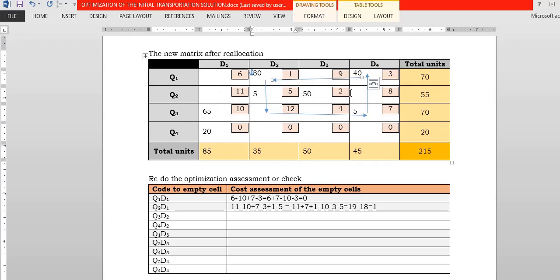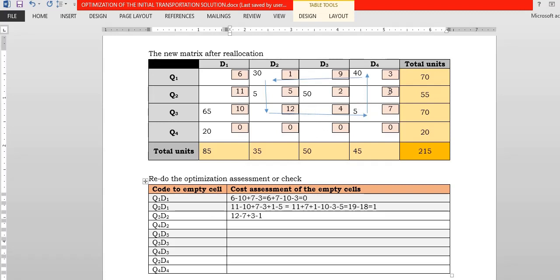We are going to compute, starting from the empty cell here, of course, it's 12. Minus 7 plus 3 minus 1. Okay, you see where the 12 is here?